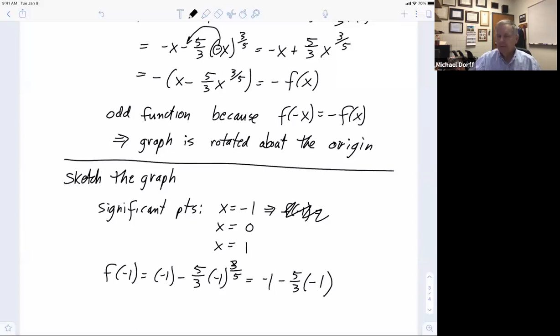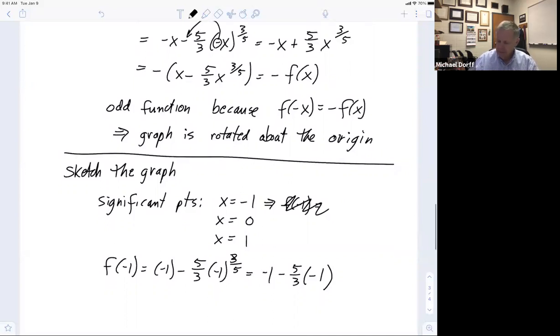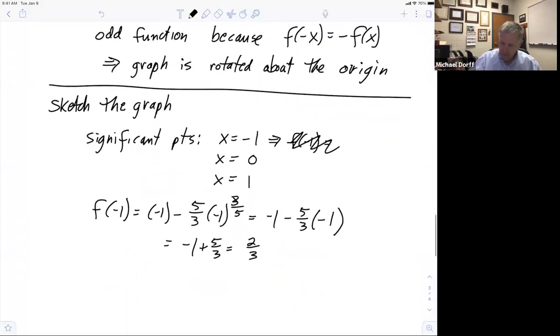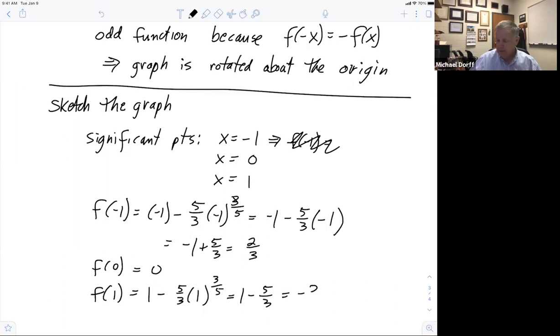Again, -1 to the third would be -1 times -1 times -1, which is -1. Then I take the fifth root of it: what number times itself 5 times equals -1? That would be -1. And so I get -1 plus 5/3, which turns out to be 2/3. All right, f of 0, if I plug that in, I get 0. And f of 1 is 1 minus 5/3 times 1 to the 3/5 power, which is 1 minus 5/3, which is -2/3.